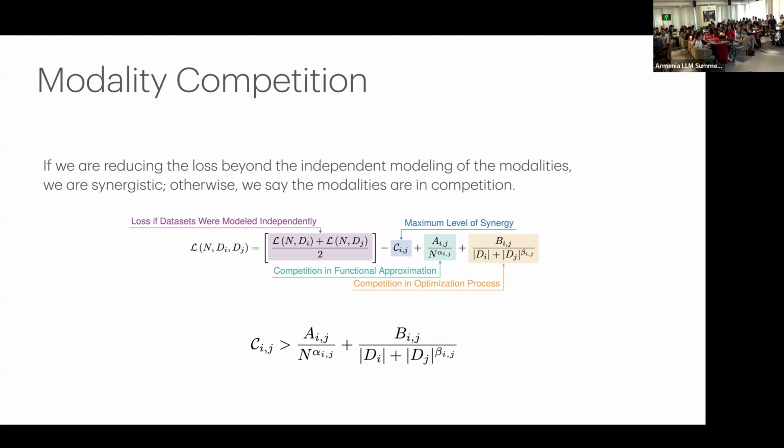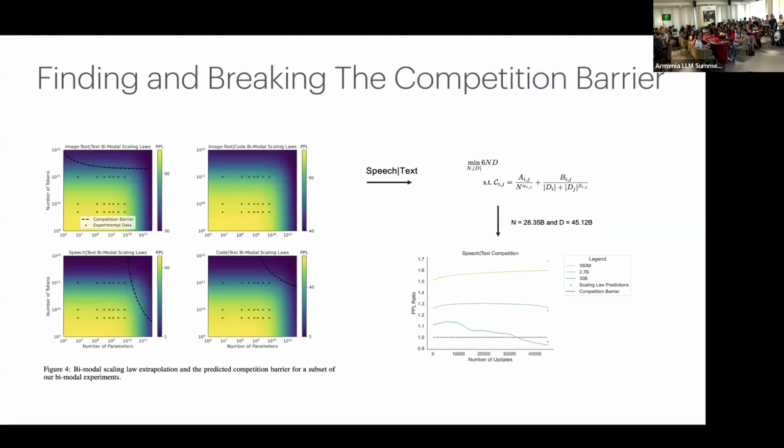If you just move around the variables in this equation, you can very quickly get this frontier that says that we're actually going to get some synergy from training on multiple modalities. And so I think this was in 2023. We essentially said, you know what, we're going to take all the different modalities that exist.